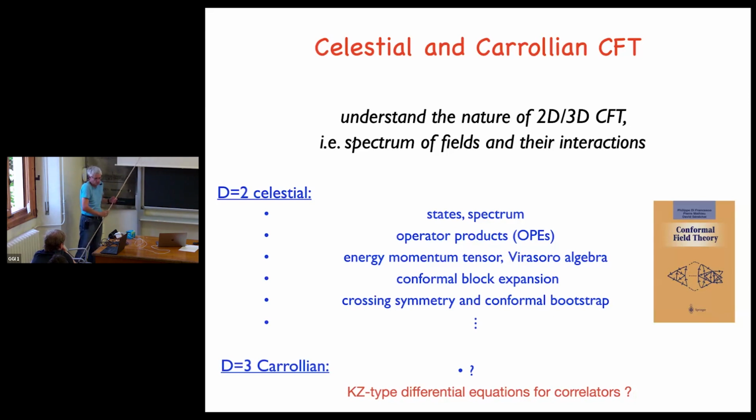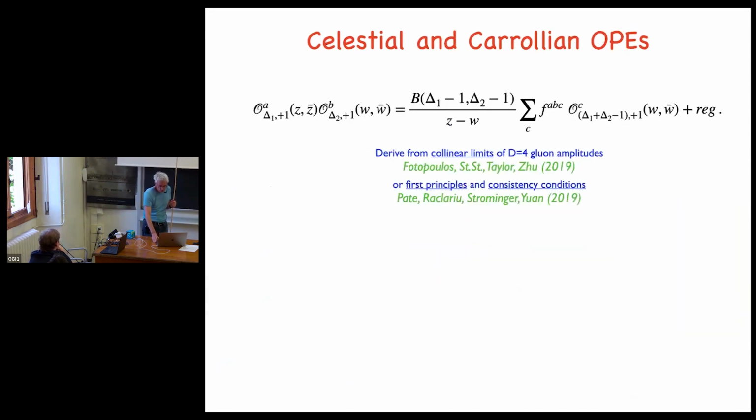Differential equations are always nice, and if they have a particular structure like this Knizhnik-Zamolodchikov type, then they're especially nice.